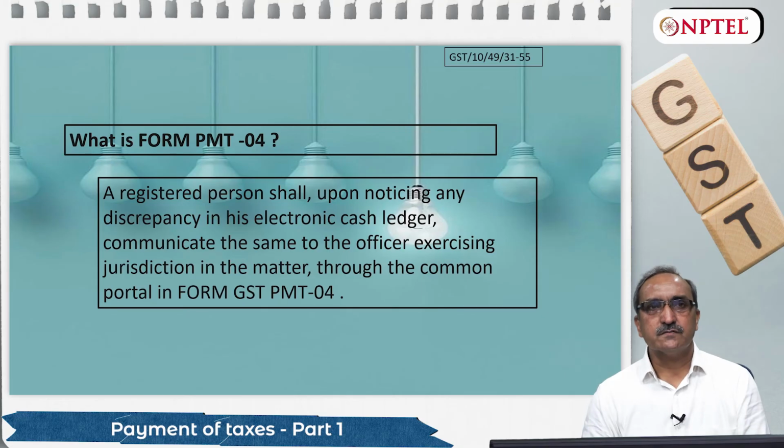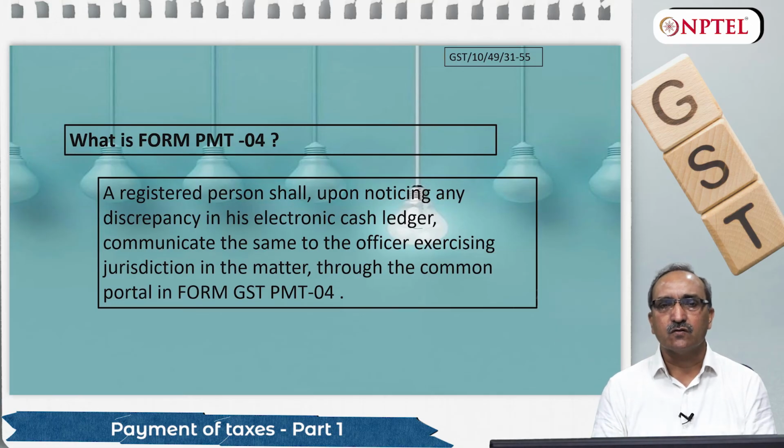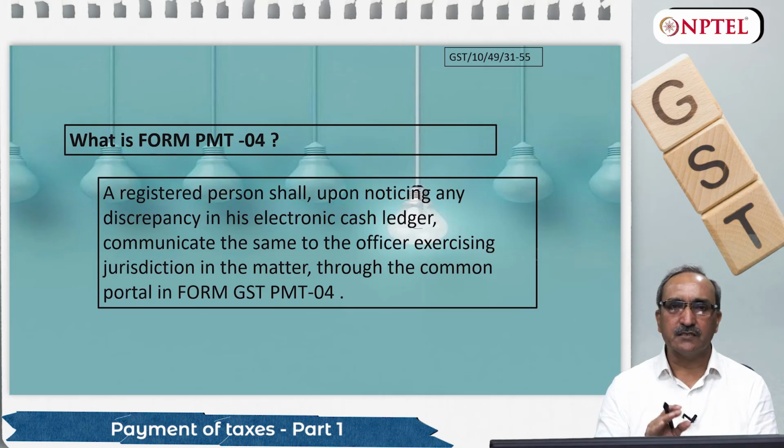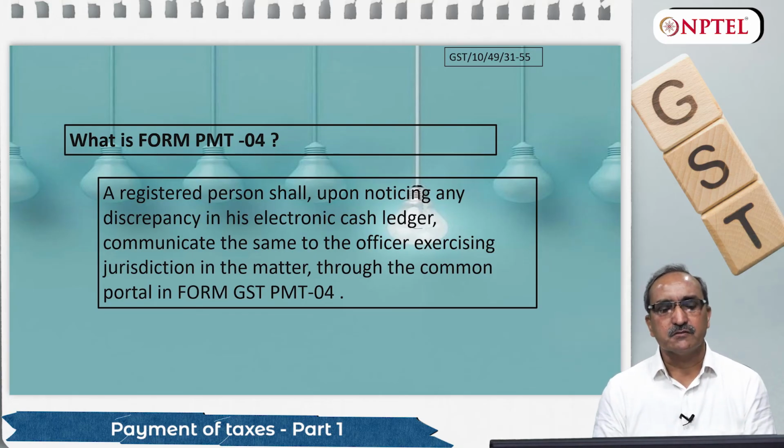Now next, what is form PMT-04? There are different types of forms for different types of purposes. Whenever you are approaching the government, whenever you are applying for anything on the GST portal, you need to have an online form. You have to fill the form and then your application will be processed. That is the mechanism under GST at the GST portal for different purposes.